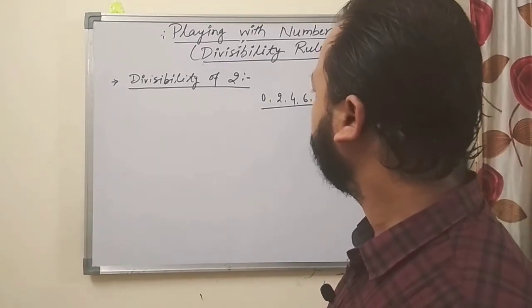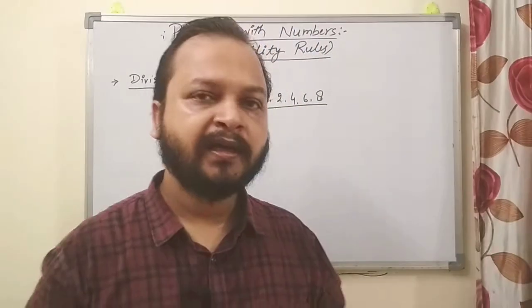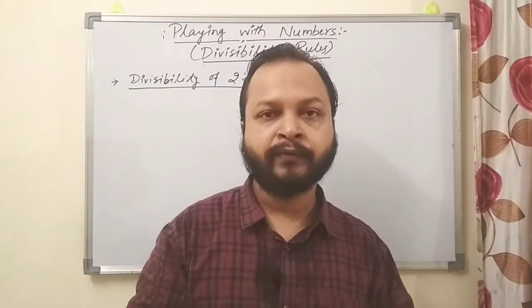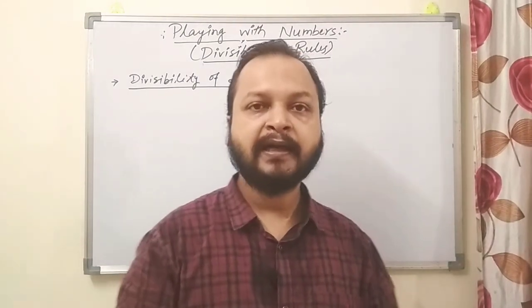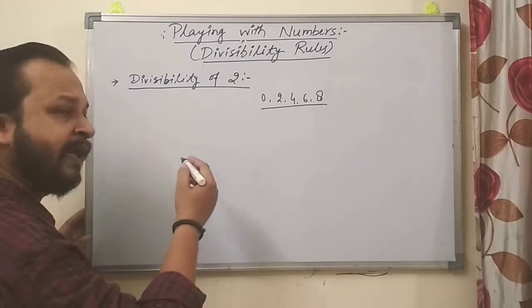So if the unit digit of any number is 0, 2, 4, 6 or 8, that number is divisible by 2.